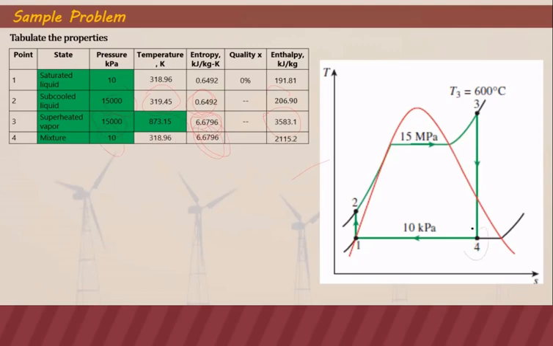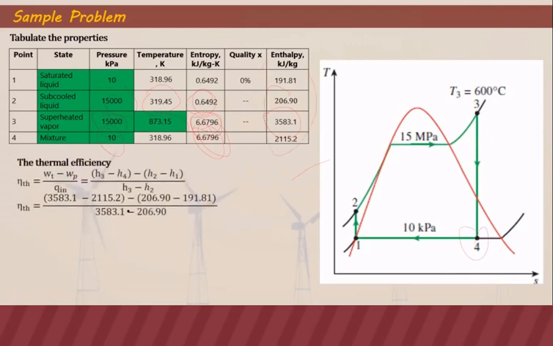Plugging all these enthalpies into our thermal efficiency formula, you will be surprised. From 33.4% to 37%, now it becomes 43.03%.